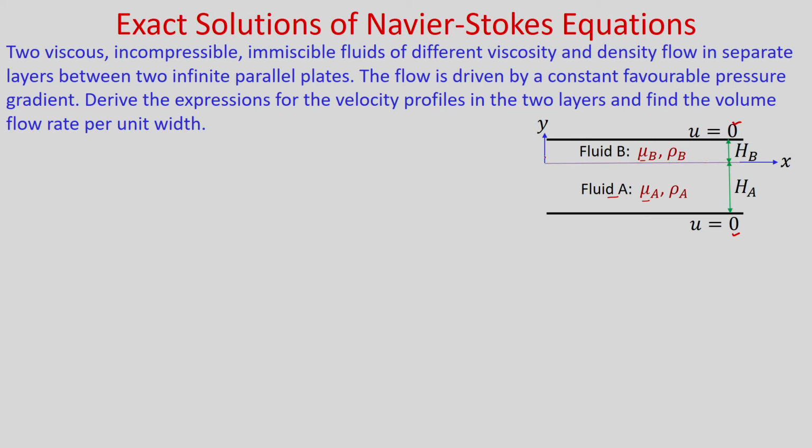So, y is measured from this interface and x is the axial direction, and these are the heights of these layers, H A and H B. You can see this is a similar problem to the one we have already solved in two-layer Couette flow, but in this particular case the top boundary is stationary, okay, velocity is 0, and we have taken the axis at the interface of these two layers.